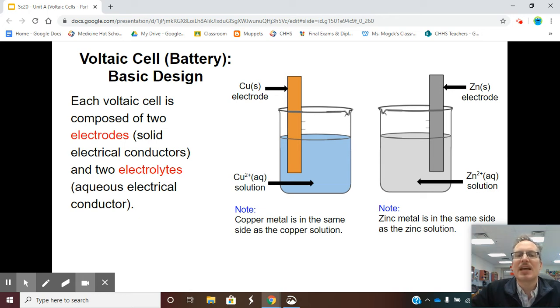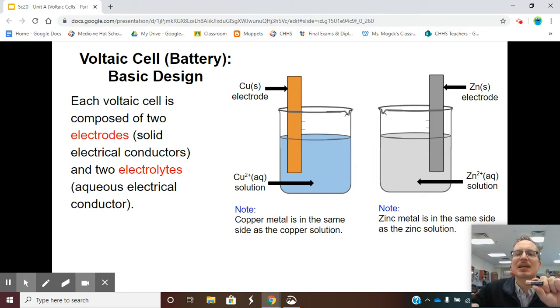Well, in a voltaic cell, in a battery, every battery needs the same three parts. It needs two electrodes, an electrode on one side of the battery and an electrode on the other side. And it also needs those electrodes sitting in solutions, solutions that would conduct electricity. I believe you know the term already, electrolyte.